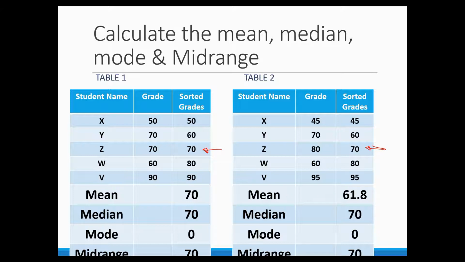The most robust measure for the center or the middle of the data set is the median. Why is that? Because it is not affected by the values at the extreme ends of the data set. We see here that if the data is shifted from 50 to 45 and from 90 to 95, the mean is totally affected by the extreme values at the upper and the lower ends of the data set.